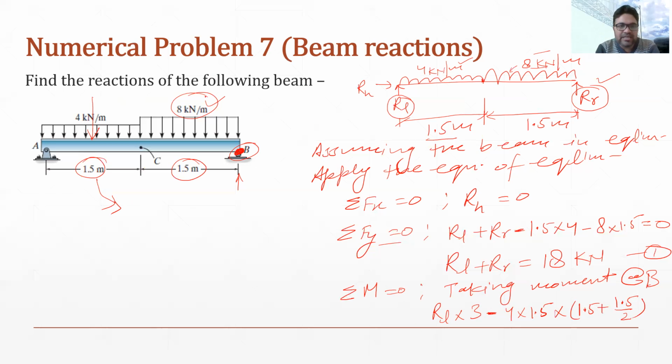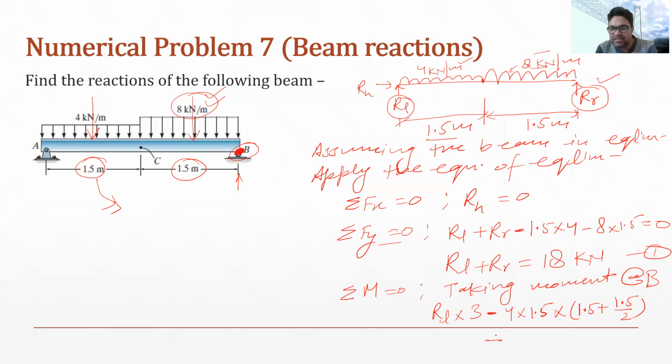Then we have the second UDL, which is 8 kilonewton per meter, and this again acts at the center of the length over which it is spreading. So the distance of this UDL concentration from point B would be 1.5 by 2.